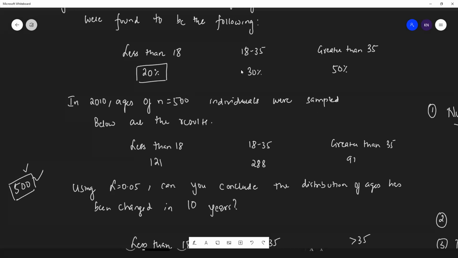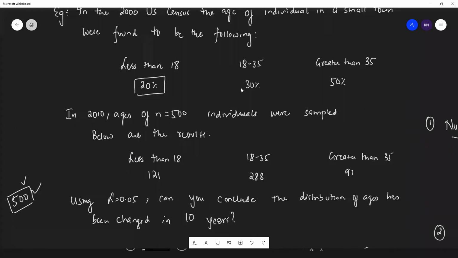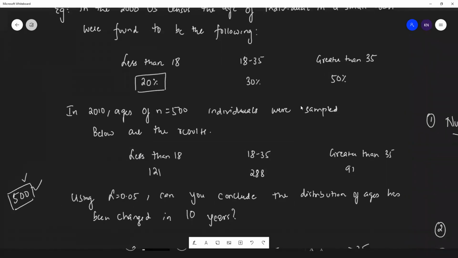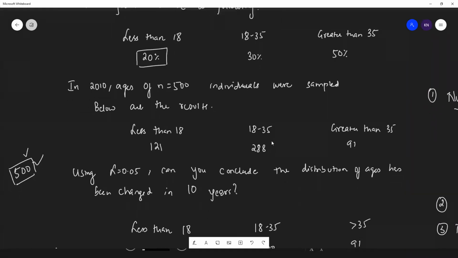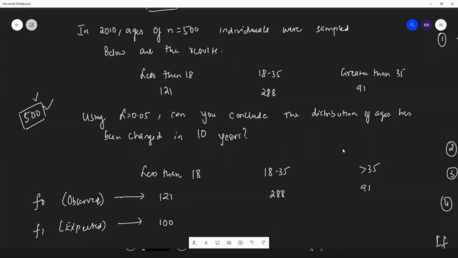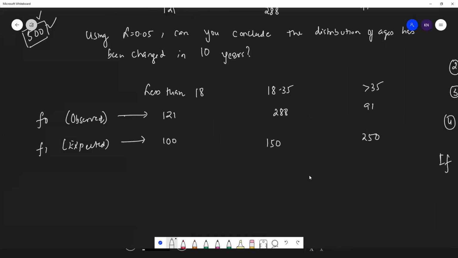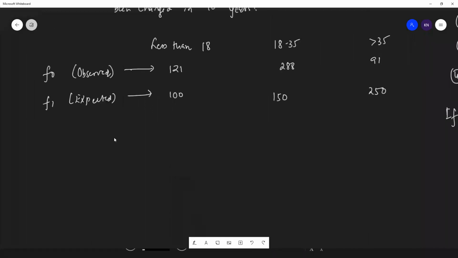What is 30% of 500? It is around 150. And then this will be around 250. I hope everybody agrees. Just by seeing this, you can say there is a difference, but again, we have a 95% confidence interval, so we are going to apply this test statistic formula now.